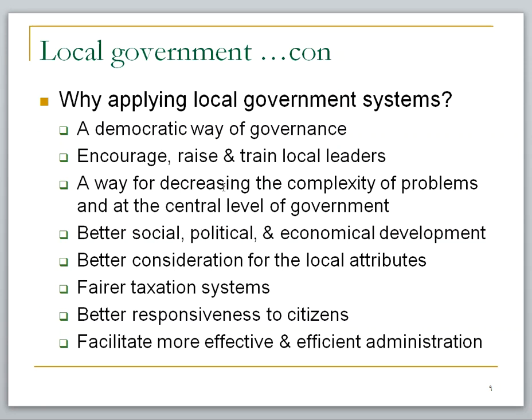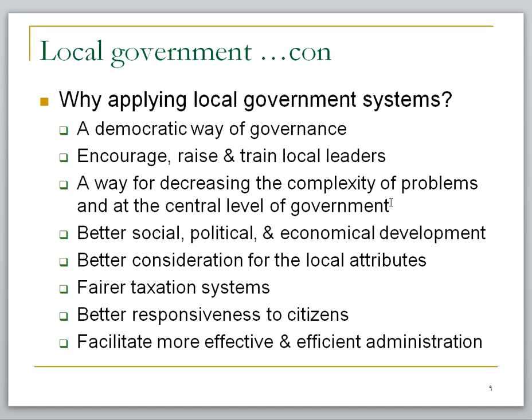This also as well is an important way for giving away or enhancing or raising, this is a nice word, raising local leaders in different places and geographical areas in the country, a way for decreasing the complexity of problems instead of having problems amplified by their parts in different governance.